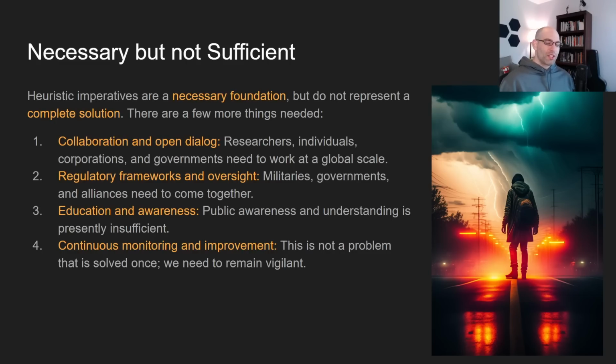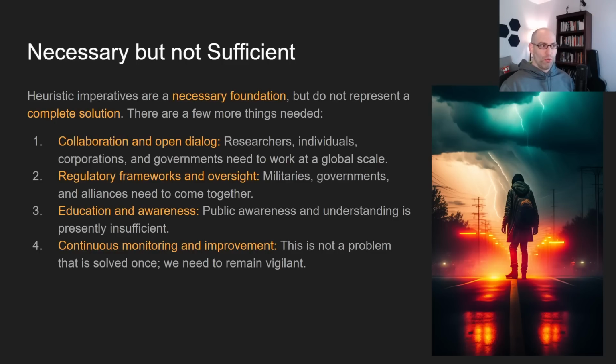Again, it's not just a matter of coming together. There are institutional changes that need to happen, such as legislation, councils, and summits, and other kinds of meetings and investments that need to happen at an institutional level. Not just communication and dialogue, but the frameworks and the oversights also need to be implemented.